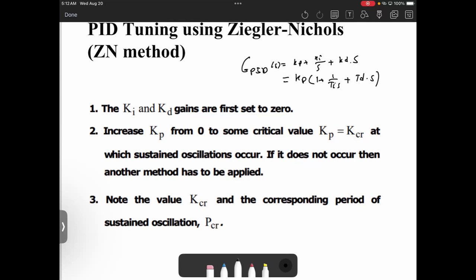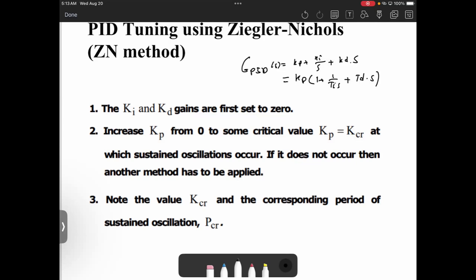The performance will not be the fastest, will not save a lot of energy, and maybe it can be slower. It can have some overshoot, especially when you have a PI controller. So it might not give you the best performance possible, but it gives you a good performance. That's the point.